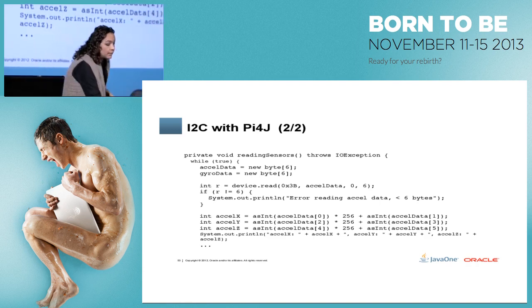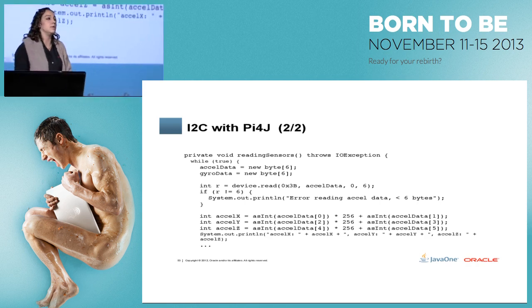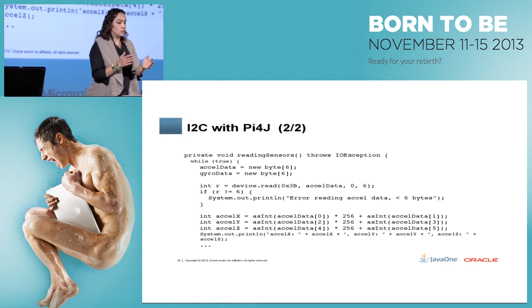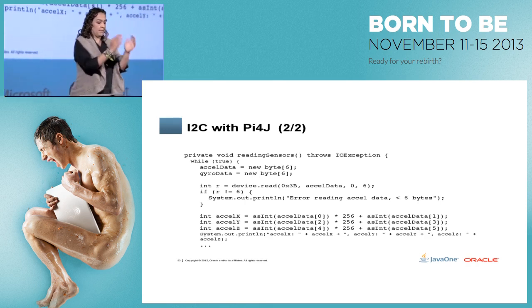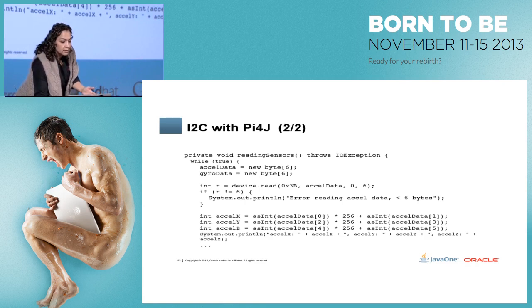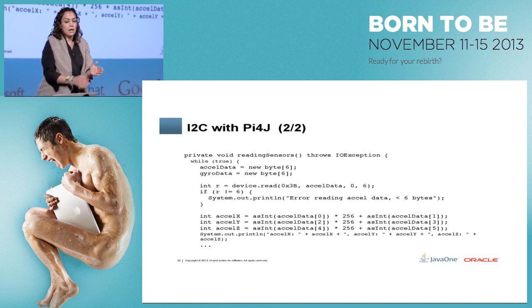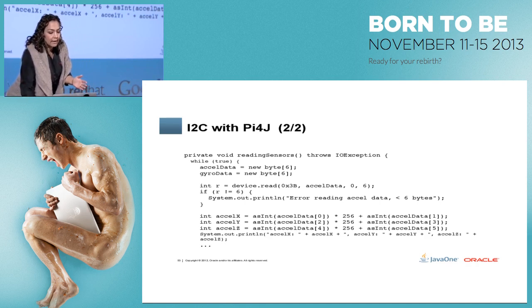Then when you do the reading, there are different ways to read using I2C. One of the things is you position yourself at the beginning of the registry. Okay, that's what we're doing here. This is the first core X value that we're going to get. Then you provide where you want the values to be placed.